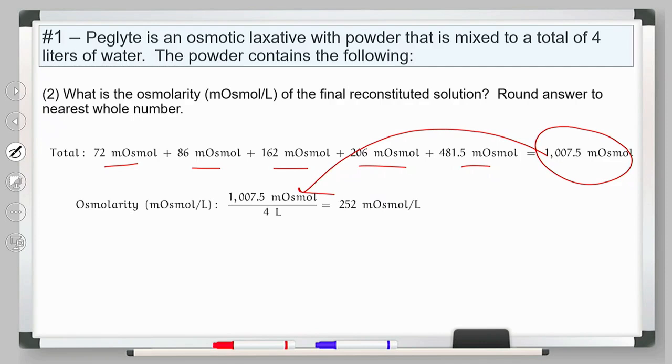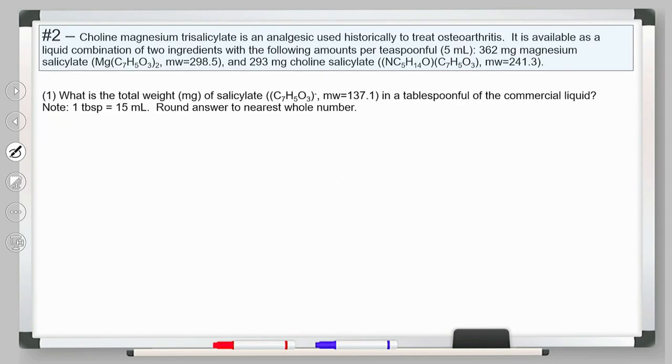But in what volume? I need to express it per liter. How many liters am I making? 4 liters. So I can divide my total milliosmoles by my total volume in liters, which is 4 liters. When I divide that out, then my osmolarity is 252 milliosmoles per liter. Okay? All right, so that was that one.